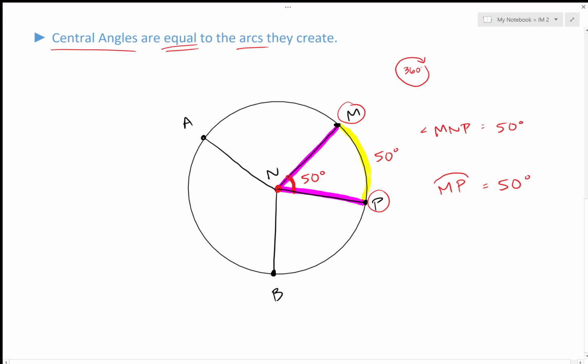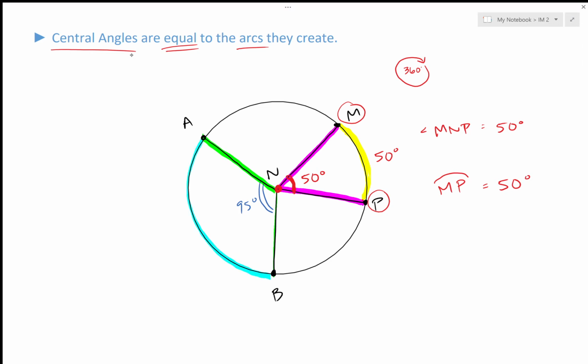So for example, if I go from A to N to B, that would be this one over here, A to N to B, and we said this was 95 degrees. We look at what it traces open. So pizza slice, and then it opens up and creates this crust over here.